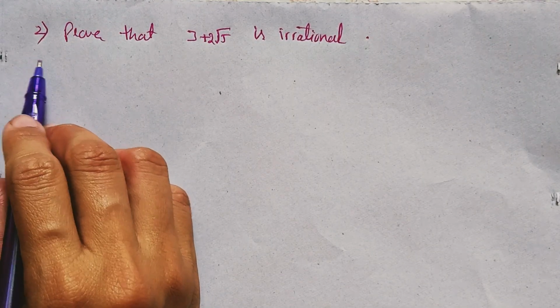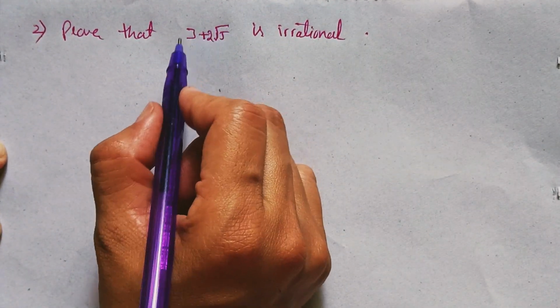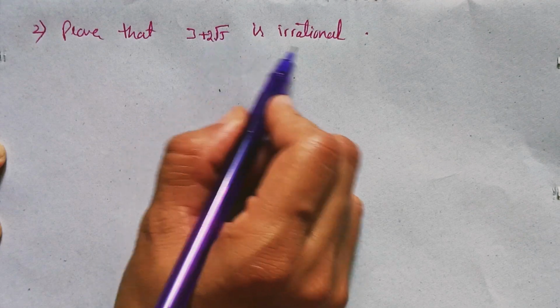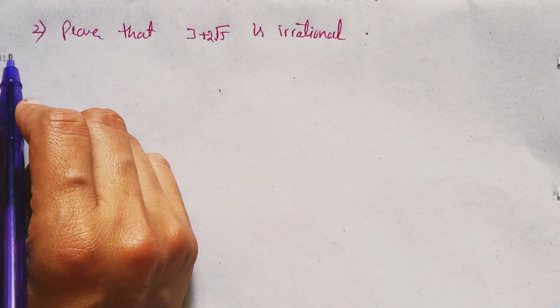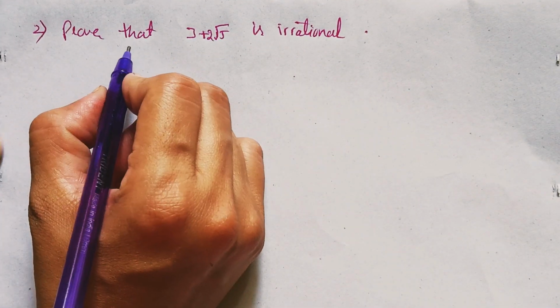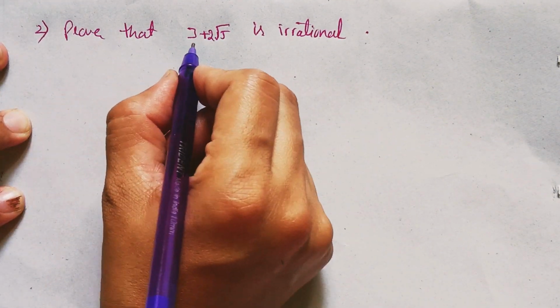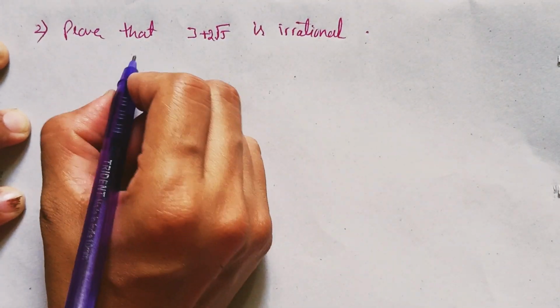Our next problem is: prove that 3 plus 2 root 5 is an irrational number. This is the same as example 6, so we'll do it again. If we have to prove that this is an irrational number, first of all we'll assume that this is a rational number.